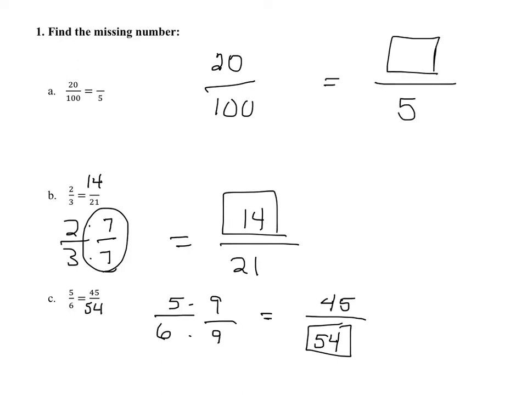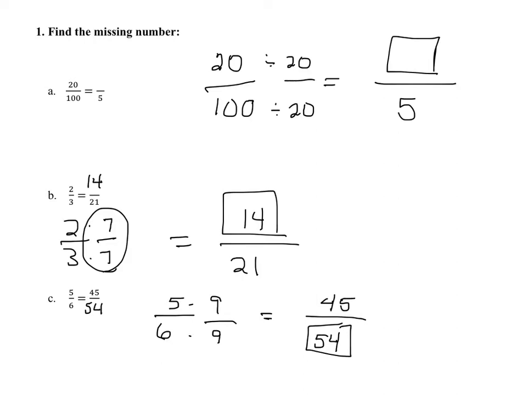I'm going to say, well, how do I get from 100 to 5? Well, how do I get from 5 to 100? Well, I could multiply 5 times 20 to get to 100, or I could divide 100 by 20 and get 5. So what I do to the bottom, I have to do to the top. Mathematically, it's a little iffy, but it will work, okay?